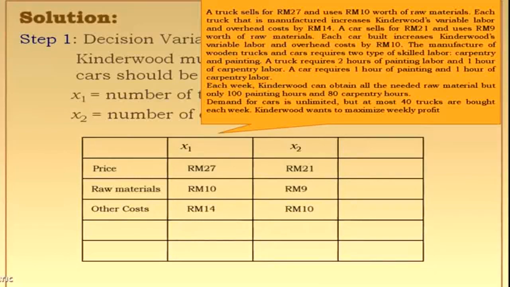For x1, now we have two new rows, painting and carpentry. Two hours under x1 and 1 hour here for carpentry. For x2, we have 1 hour painting and 1 hour carpentry.